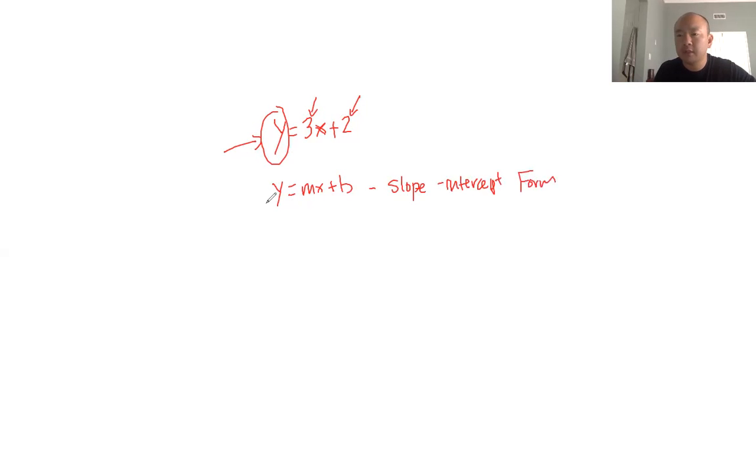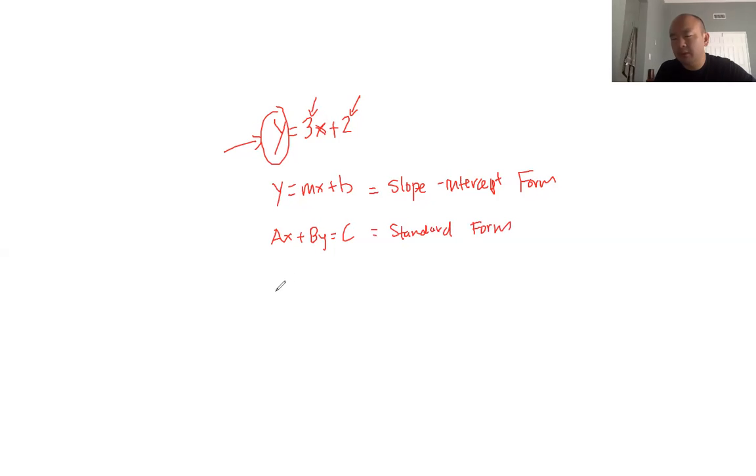There's also a form called the standard form, which is ax plus by equals c. And there's also the point-slope form.